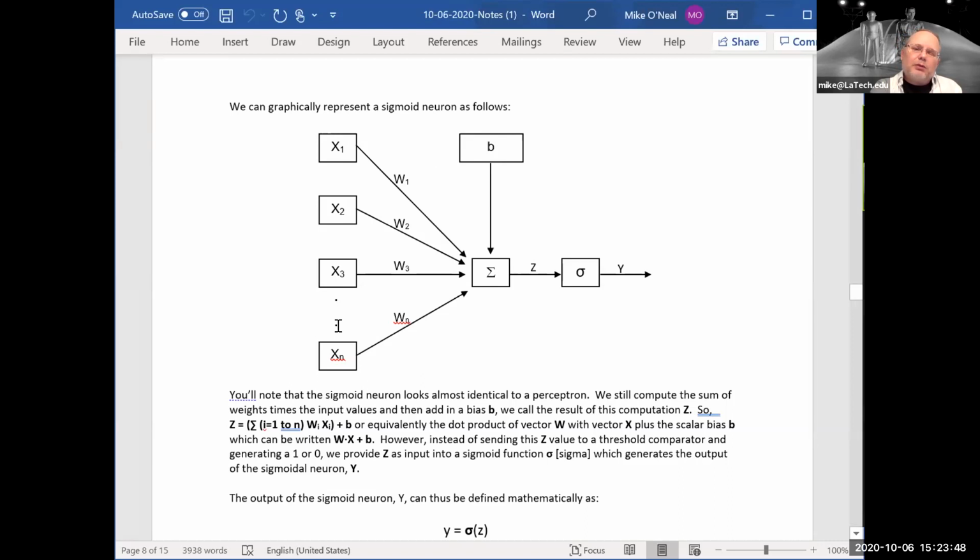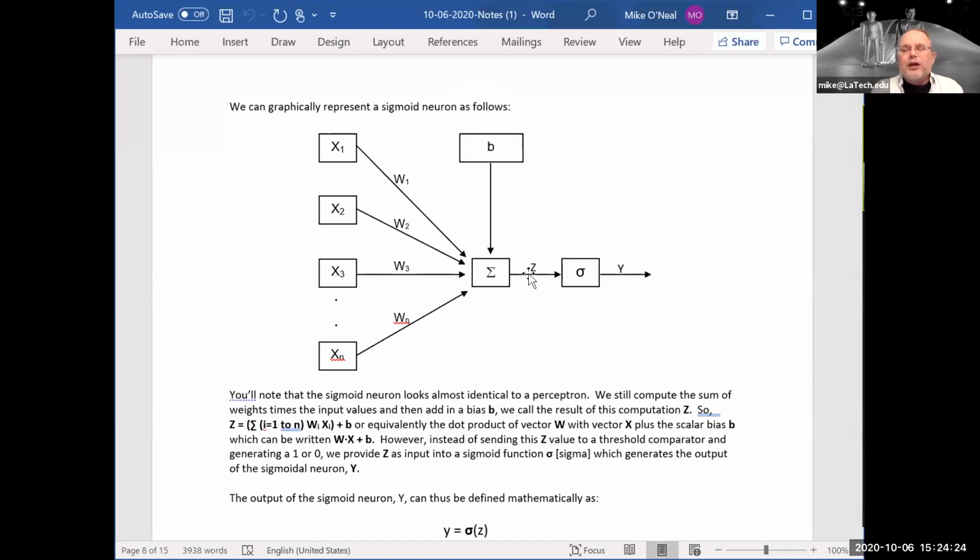And we still have a bunch of inputs, and each of those inputs has a weight. You still have a summation unit that computes the weighted sum of the inputs plus the bias. So this part of it works completely the same. And the sum of the inputs is called Z. But Z is not the output of the neuron. In a perceptron, you would compare Z to a threshold comparator. And if it was equal to the threshold or greater, you would return a 1.